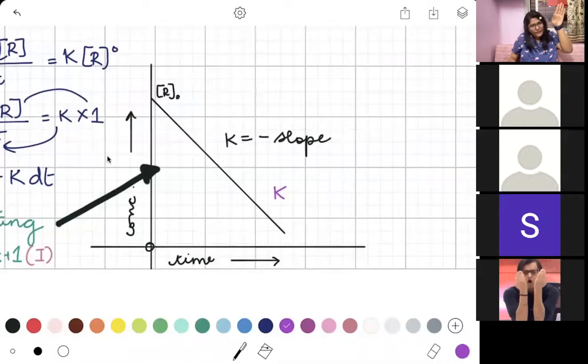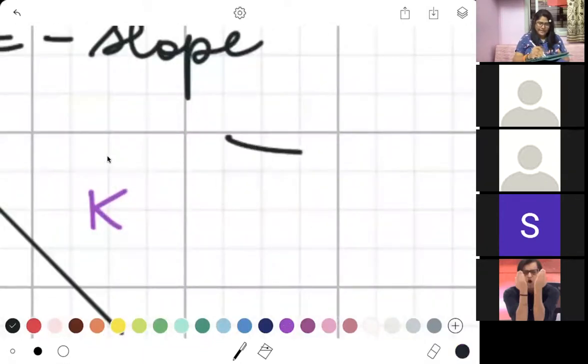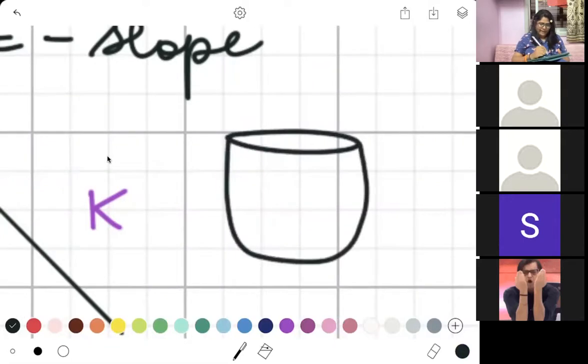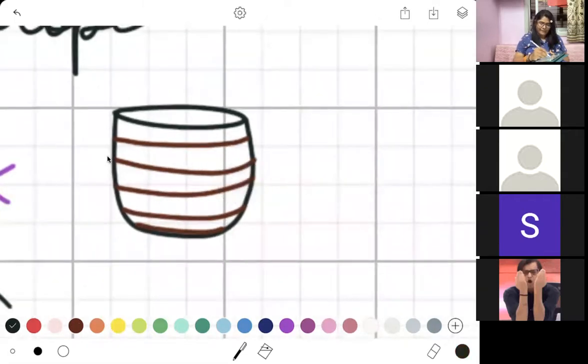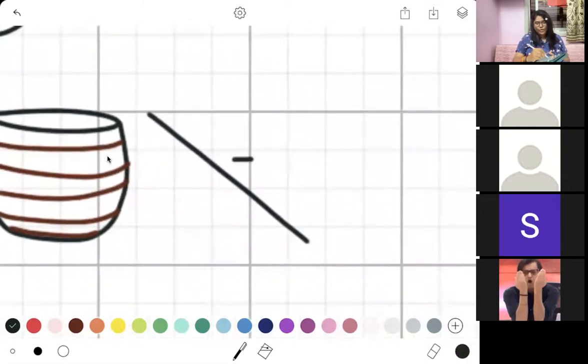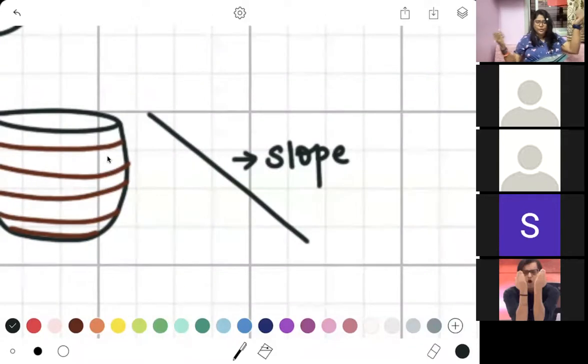If I were to draw a diagram of how much coffee is present in my cup, at different times the concentration of the coffee is going to go on decreasing. And if I graphed it, this particular line shows the slope of the reaction or the slope of the graph. Because it is declining from higher to lower, I get a negative slope.